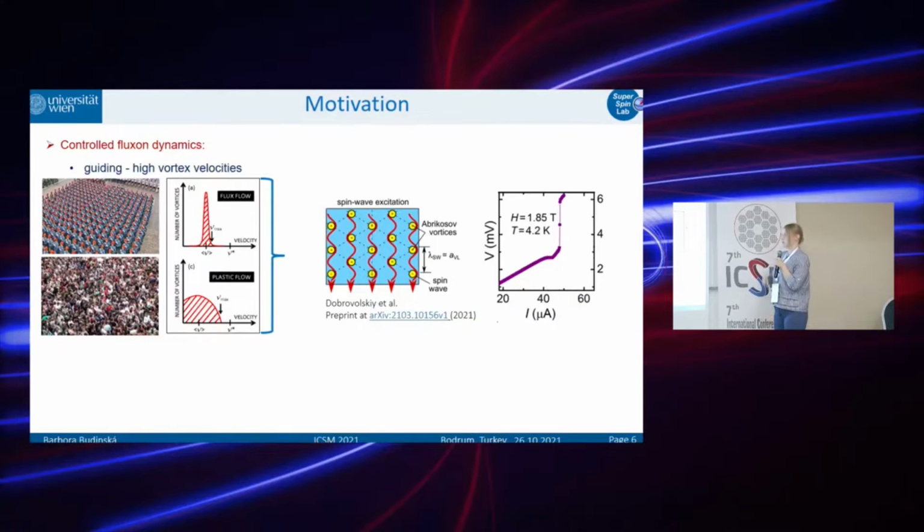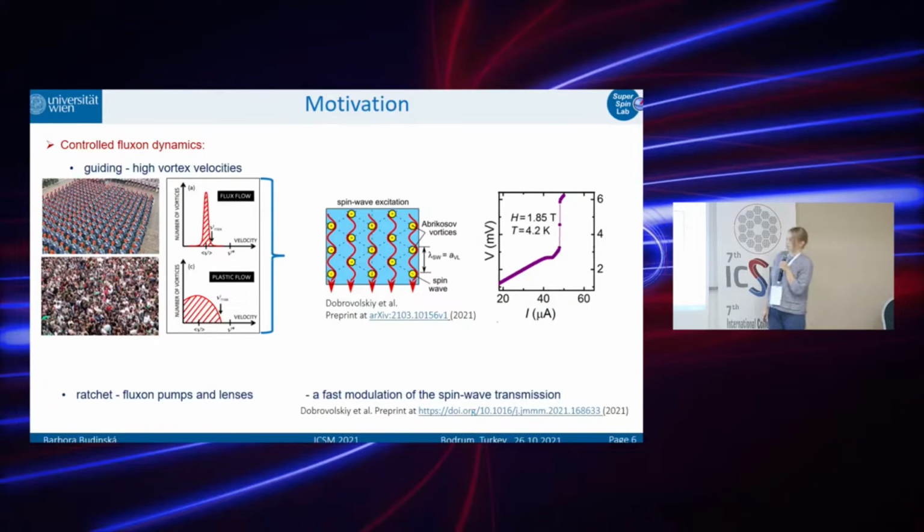And what we are also going to be looking at in our systems is the angle dependence. And the reason is that we don't really know under which angle our spin wave is being generated. So by observing this in a system that we can easily simulate, we could then make conclusions for this system and figure out the direction of the spin waves.